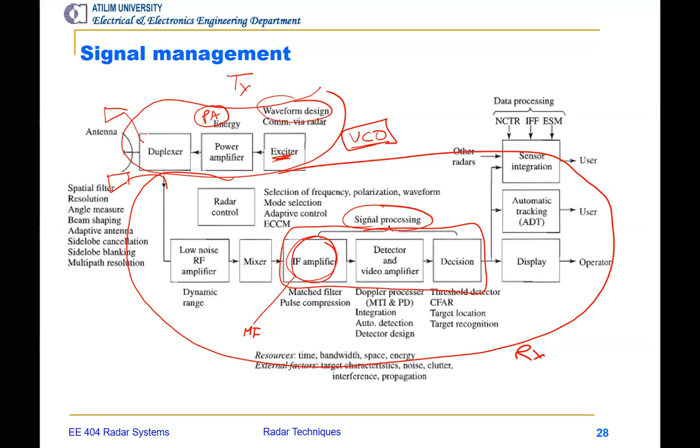And there are many subjects that we have to consider from the channel side: spatial filter, resolution, angle measurement, beam shaping, adaptive antennas, for example, multipath resolution, for example. These are the concepts that are dealing with the channel and antenna. At the receiver side, we got LNA, as you might remember from the laboratory, and then mixer. Right?